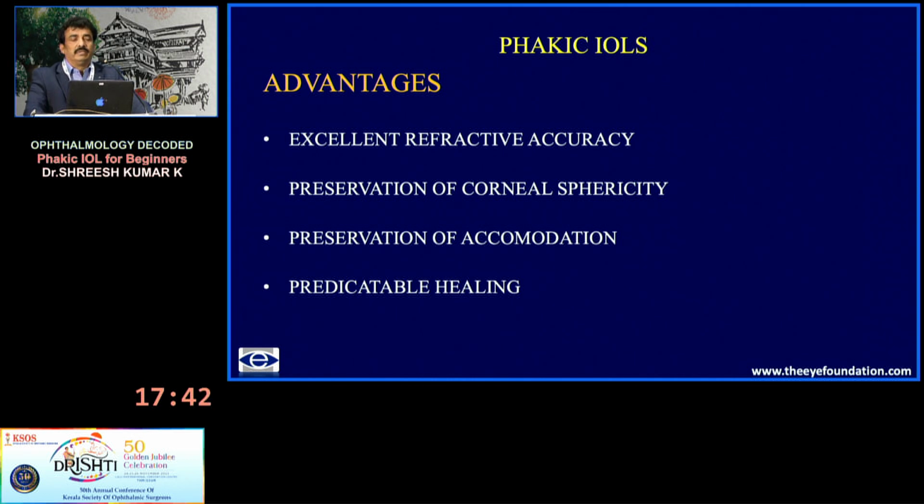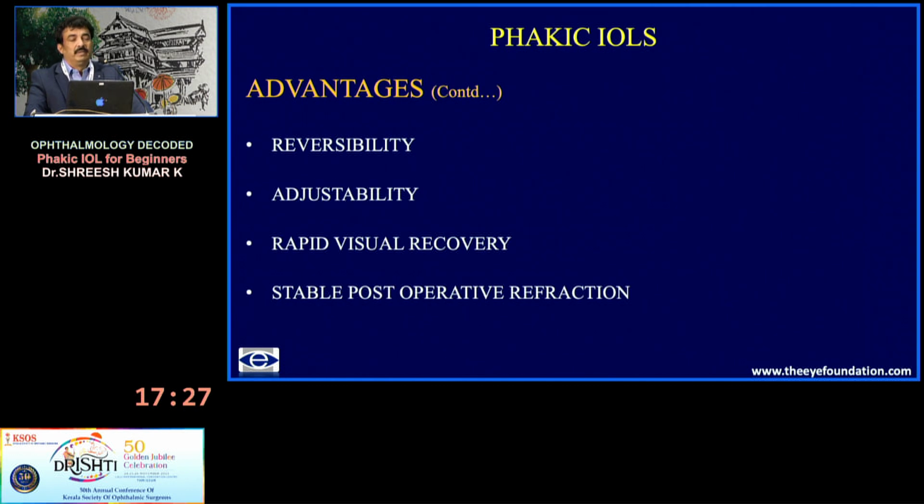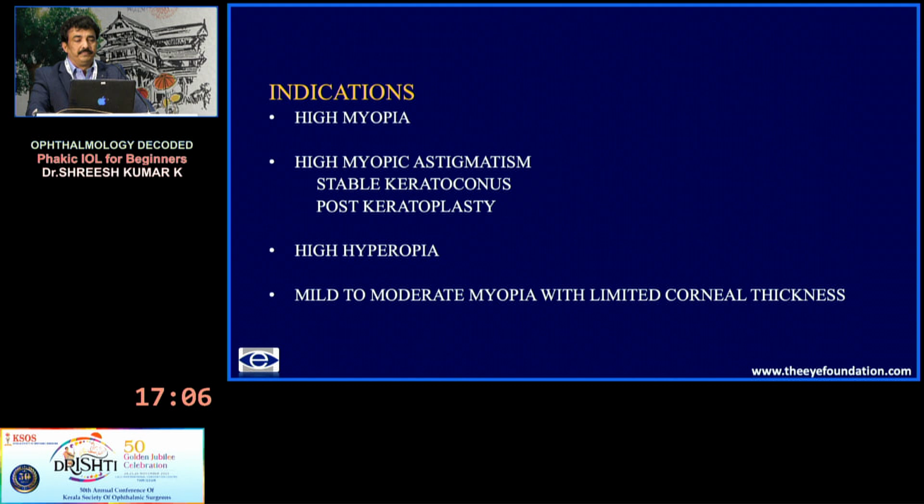They give excellent refractive accuracy with preservation of corneal sphericity, as we are not going to touch the cornea, and preservation of accommodation. The healing is highly predictable. The other advantages are that it is reversible and adjustable. If there is an axis change, you can just rotate the lens and correct the refractive error. And there is rapid visual recovery and stable postoperative refraction.